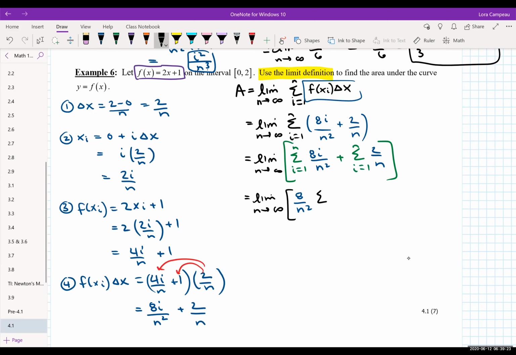So I have the summation of i equals 1 to n of i plus, now 2 over n, that gets factored out. Summation, i equals 1 to n. Now when you factor out a 2 over n, there's not a 0, there's a 1 left over. So be careful, maybe I'll write that in red to kind of keep that in mind.